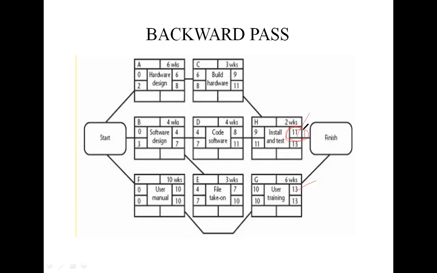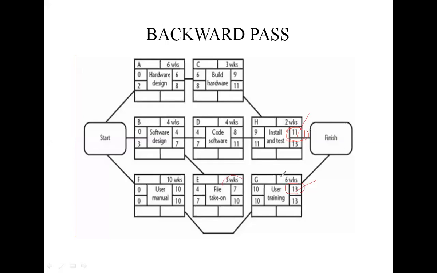See the diagram here. The latest start date for activity G: this is 13, 13 minus 3, that is 10.